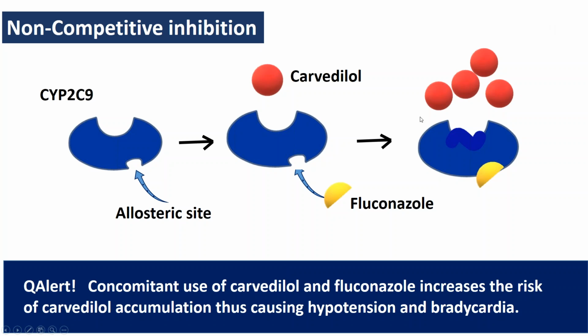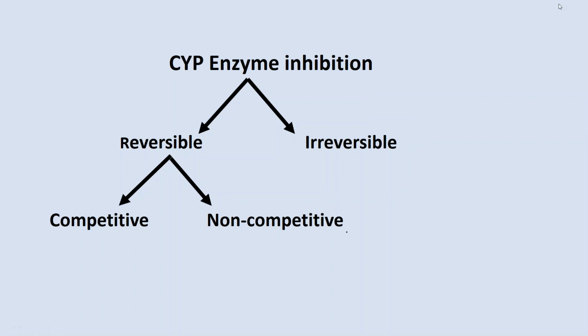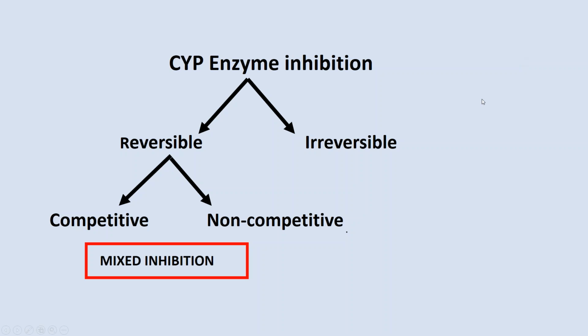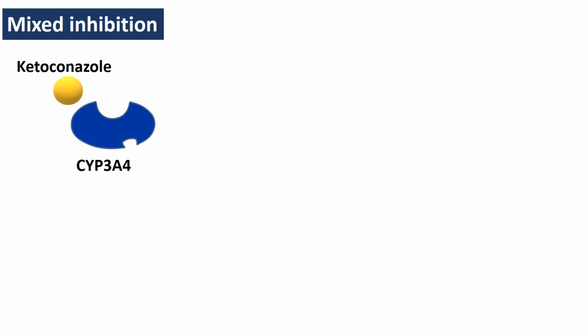Next, we look at the combination of competitive and non-competitive inhibition. There is another type of enzyme inhibition known as mixed inhibition. A good example is ketoconazole, which is a strong, potent CYP3A4 inhibitor, while midazolam is a CYP3A4 substrate.